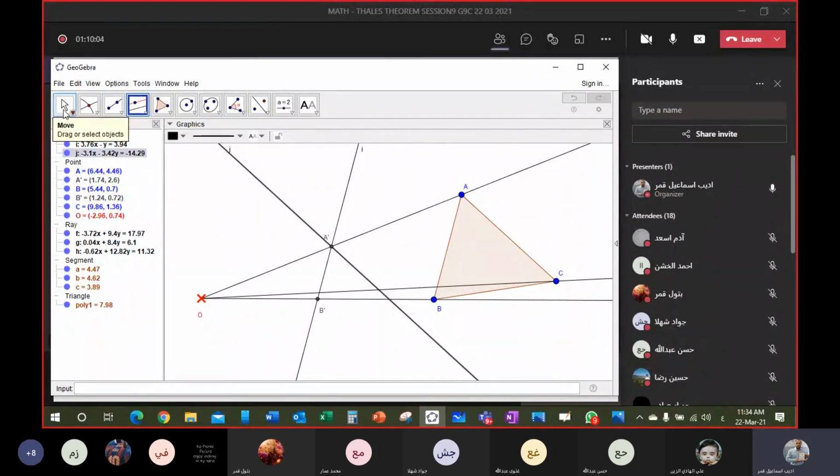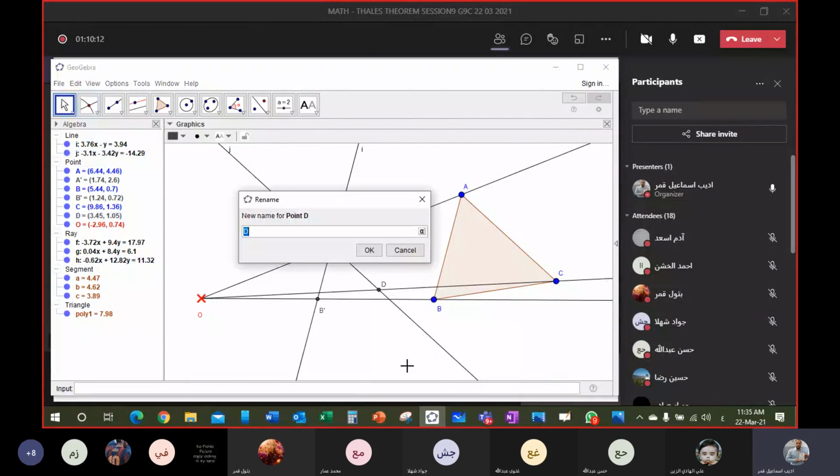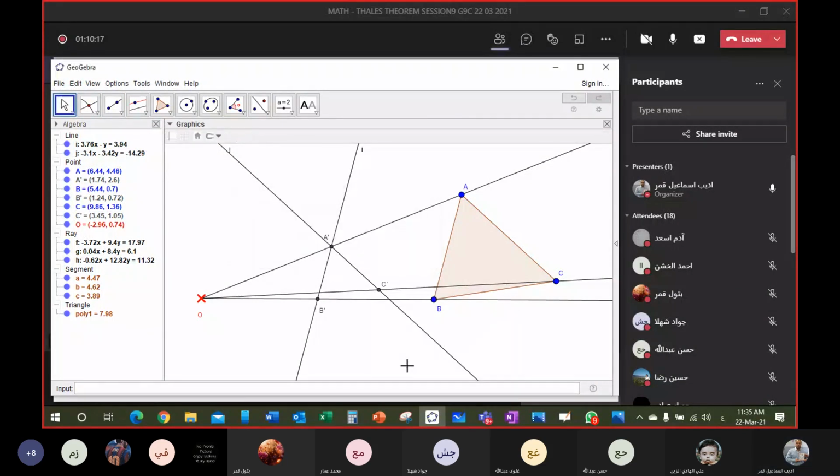We should pay attention to them. It cuts the ray OC at, we rename it, C prime. Is that clear?